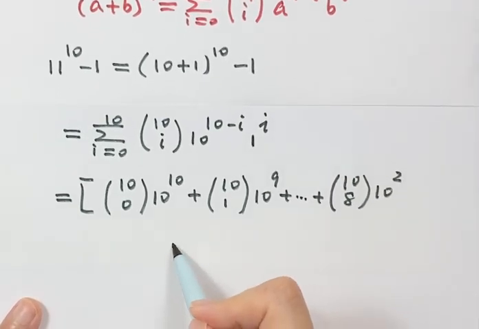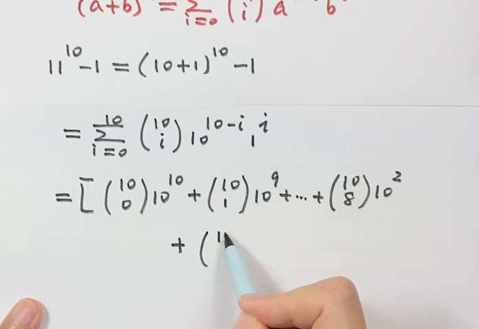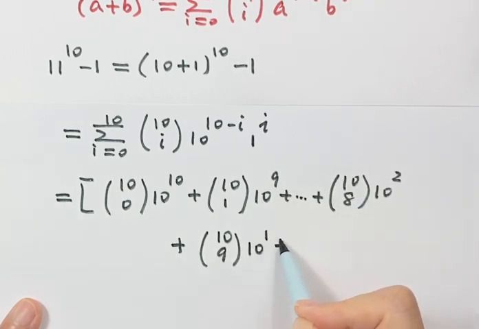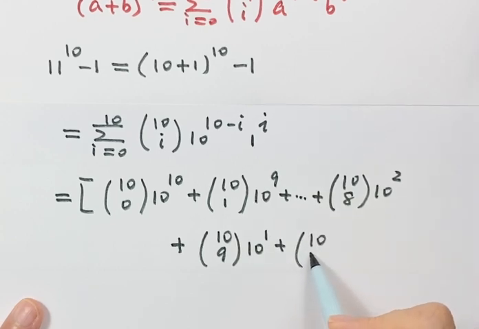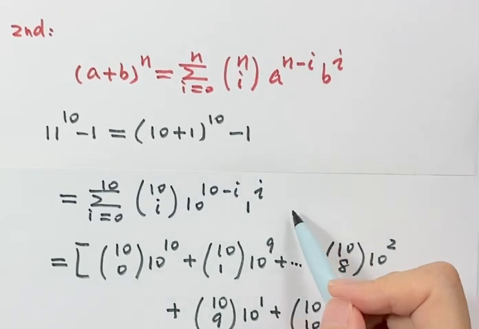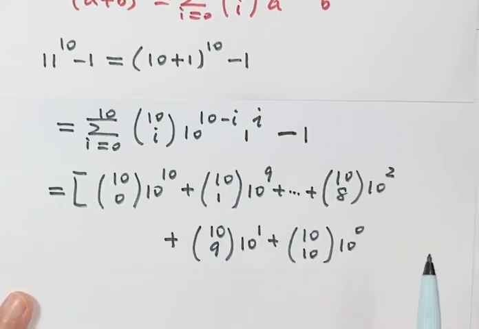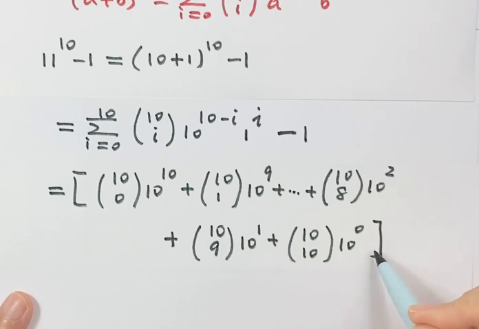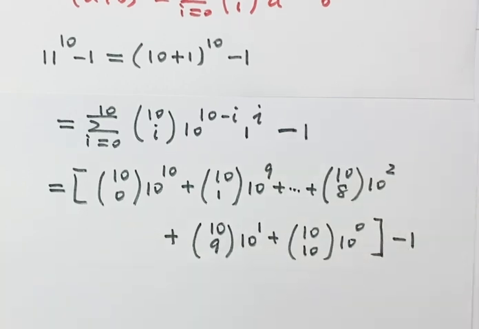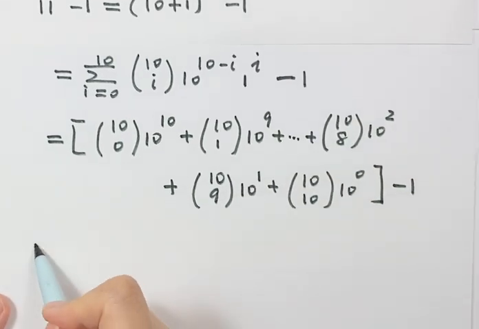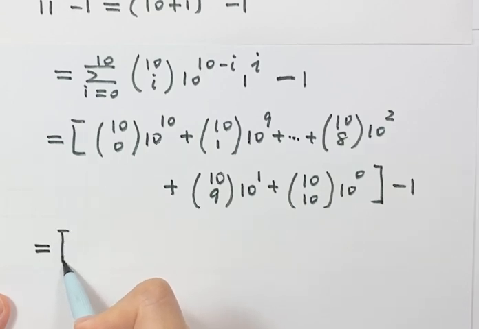Next, 10 choose 9, so this one is 10 to the power 1. Then 10 choose 10, then 10 to the power 0. Then outside we should have minus 1, because here is minus 1. Okay, so let's simplify each term.